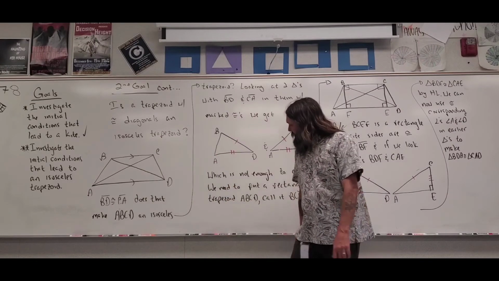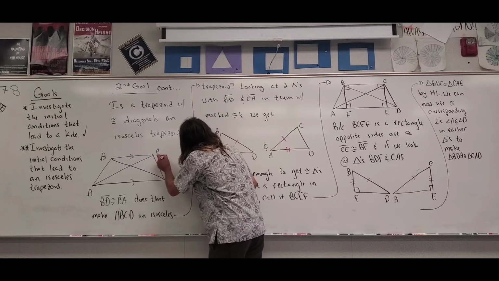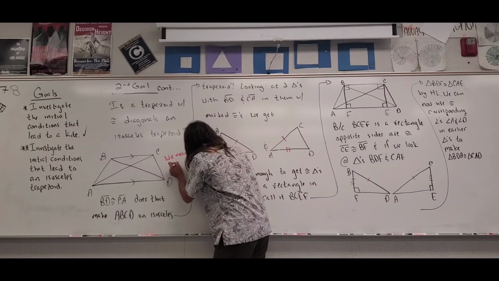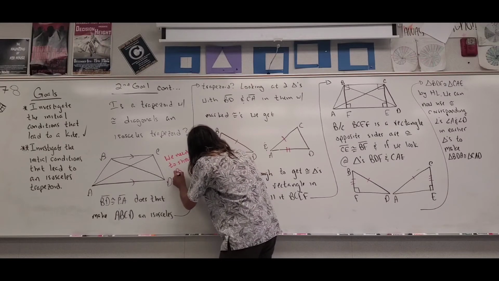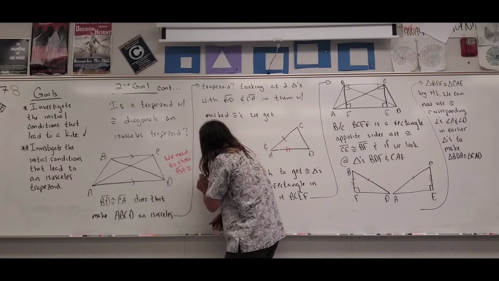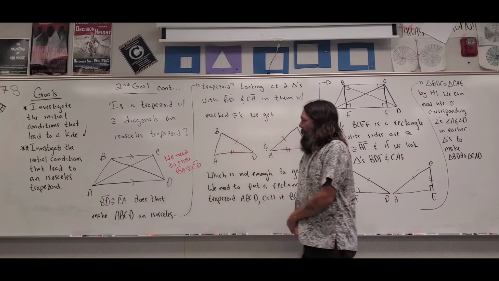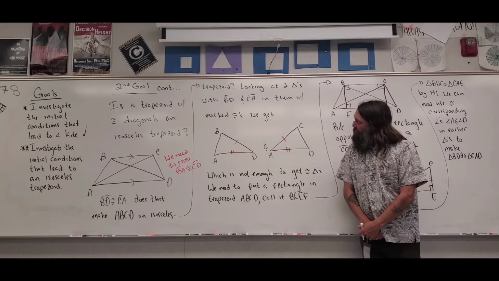Remember, in order to show an isosceles trapezoid, I have to argue that BA is congruent to CD. We need to show that the legs are congruent. All right, that's how we determine if we have an isosceles trapezoid.